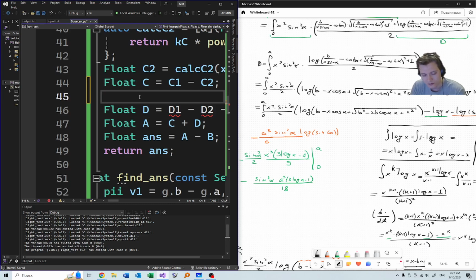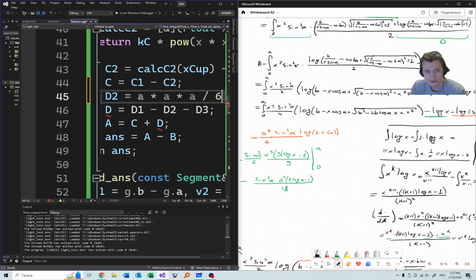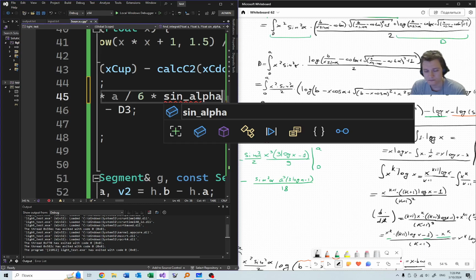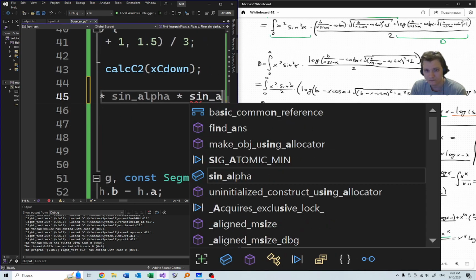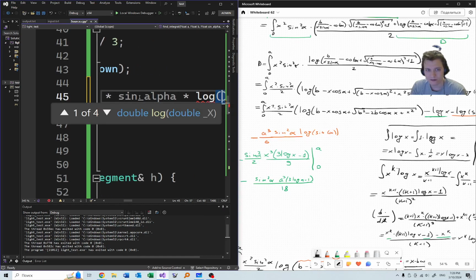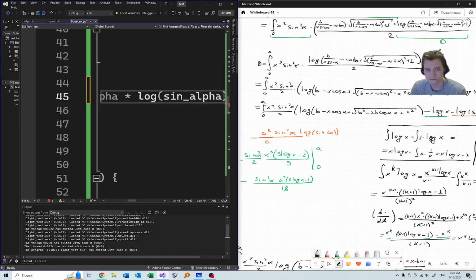So d2 is a cube times sin alpha times logarithm of sin alpha.